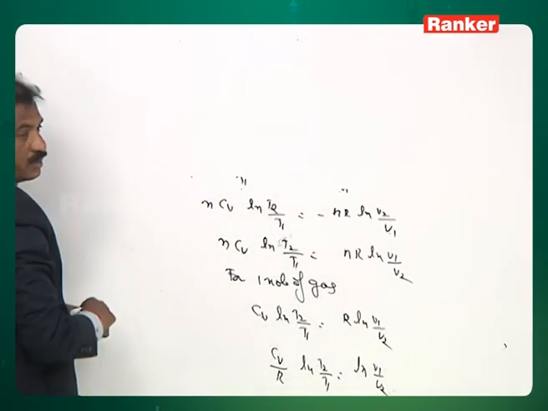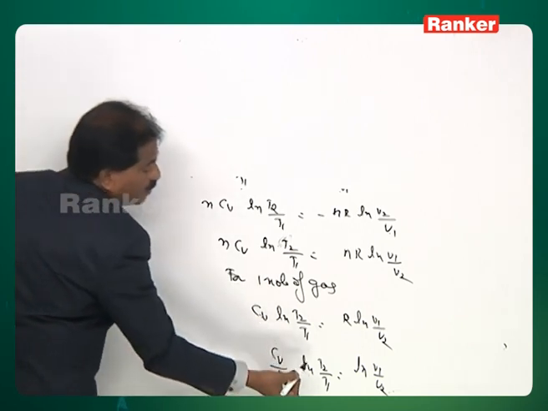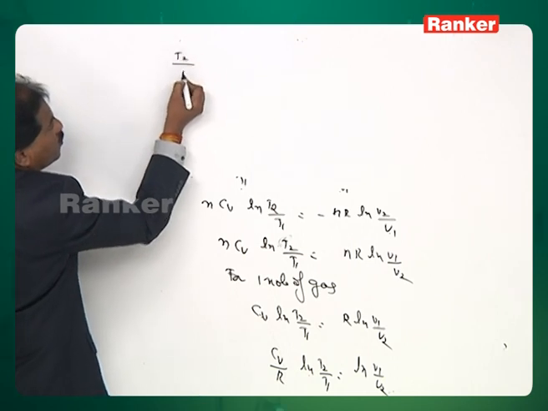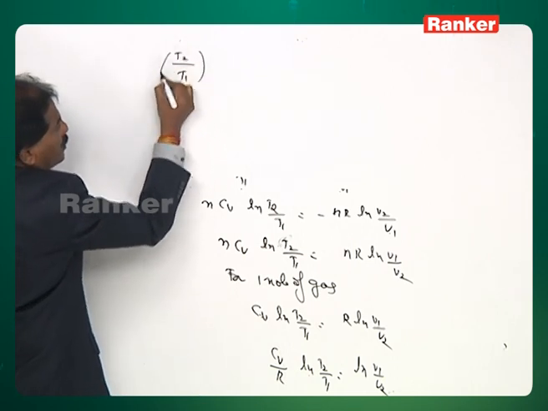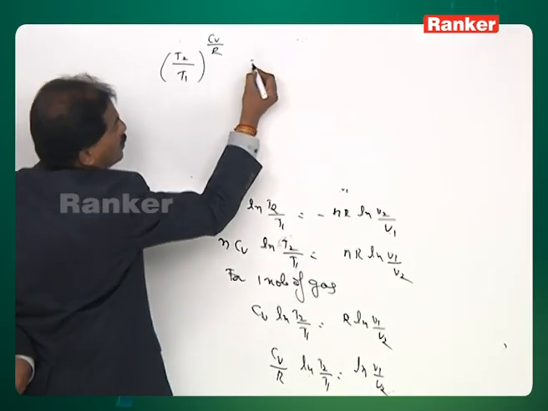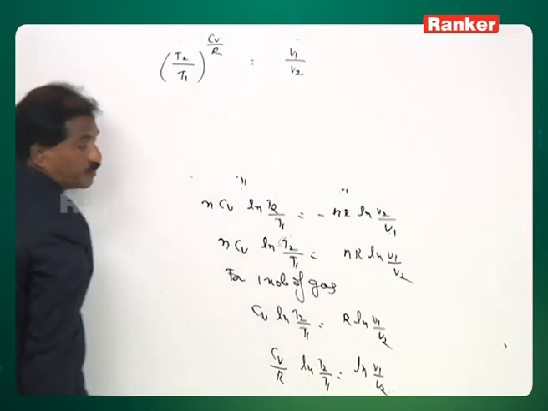The next step, so this ln T2 by T1. So this side and this side, if you eliminate the logarithmic function, it becomes T2 upon T1 raised to the power Cv by R. This side V1 by V2.